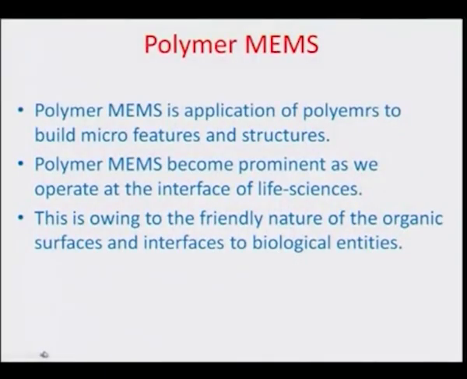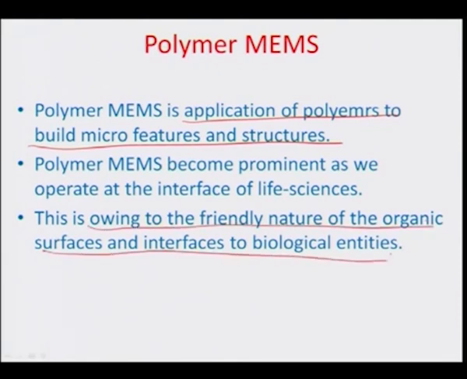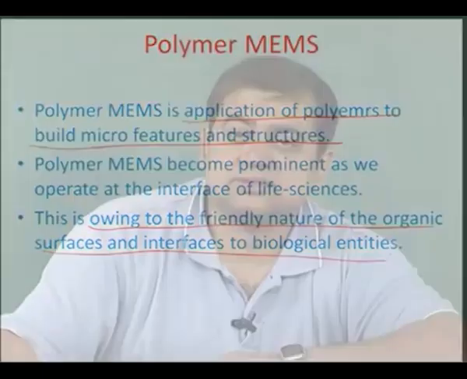Polymer MEMS is, of course, the application of polymers to build micro features and structures, and this is basically owing to the friendly nature of organic surfaces and interfaces to biological entities, as they can identify. Most of the biological entities themselves are organic in nature, so they can identify each other very well, and so they are very friendly with each other.